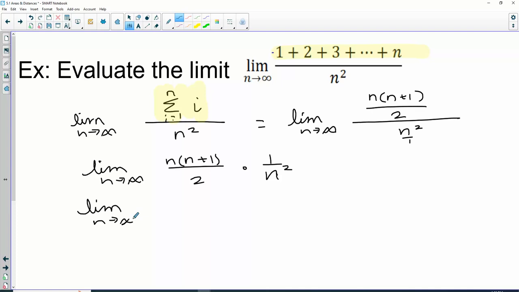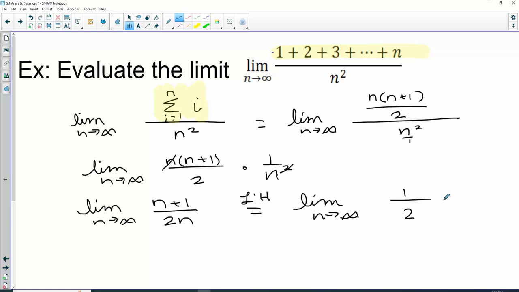The n cancels. So we get n plus 1 over 2n. Alright, if I plug in, this is infinity over infinity, what could we do? Oh, L'Hopital. Look at that. Derivative of the top is 1, derivative of the bottom is 2. So this adds up to 1 half. So as n approaches infinity, this whole thing goes to 1 half.